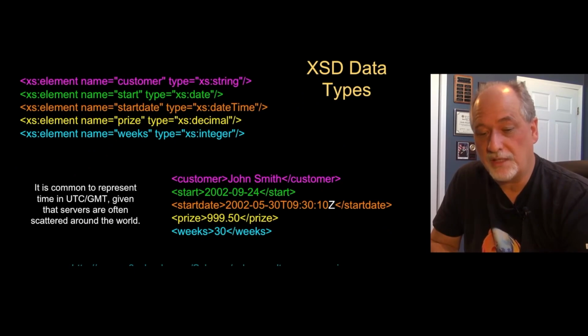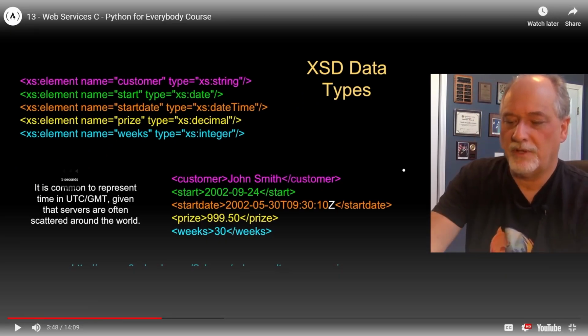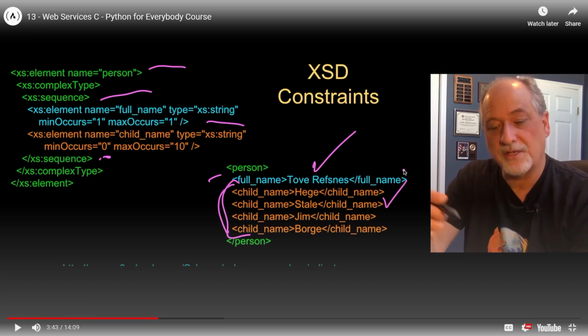Here's a few other data types that we can do. Hold on. So, min occurs, max occurs. These are the little attributes inside of this stuff. All right.